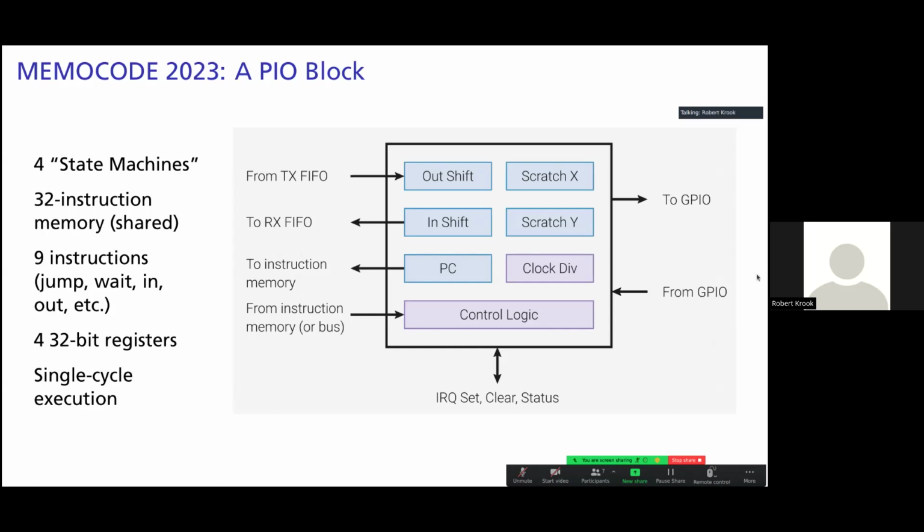This is 1, 2, 3, 4, 31, 32 instructions. So very, very tiny. They are very primitive instructions. You've got jump, wait, in, out, very little else. The closest you have to arithmetic is decrement. And that's it. And conditional jump.